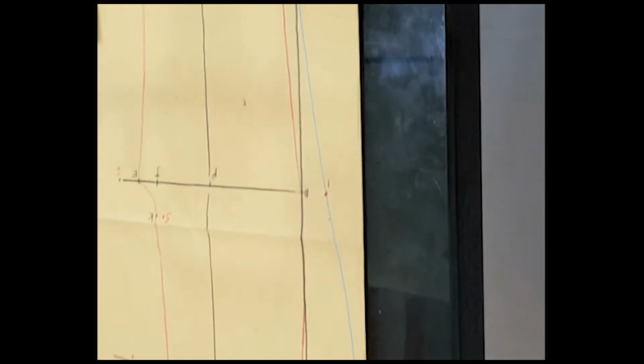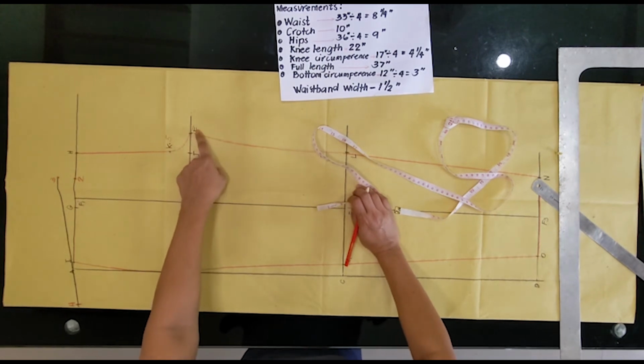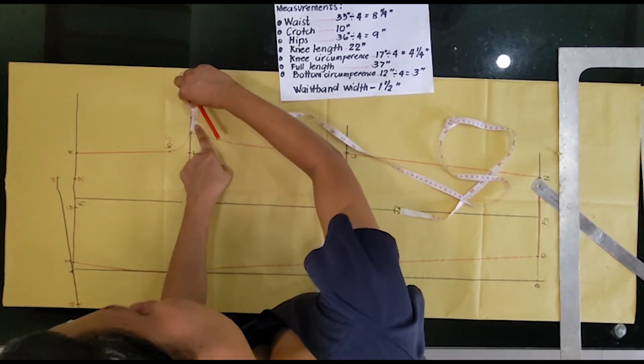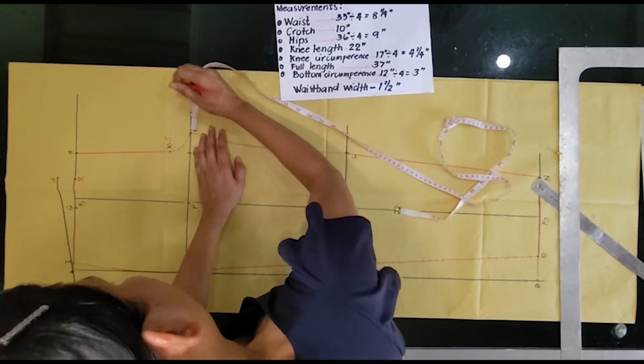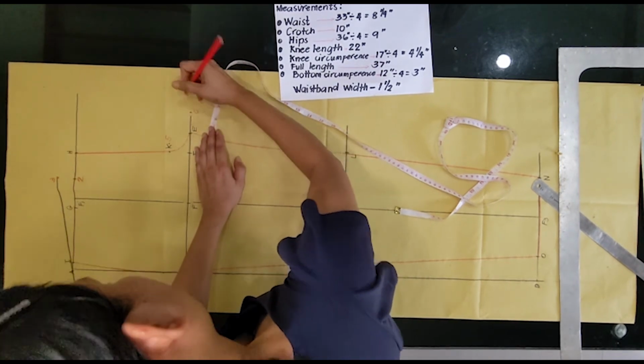Okay. Next, from E to 6 going outside is 1 and 1/2. Okay, so this is point number 6.